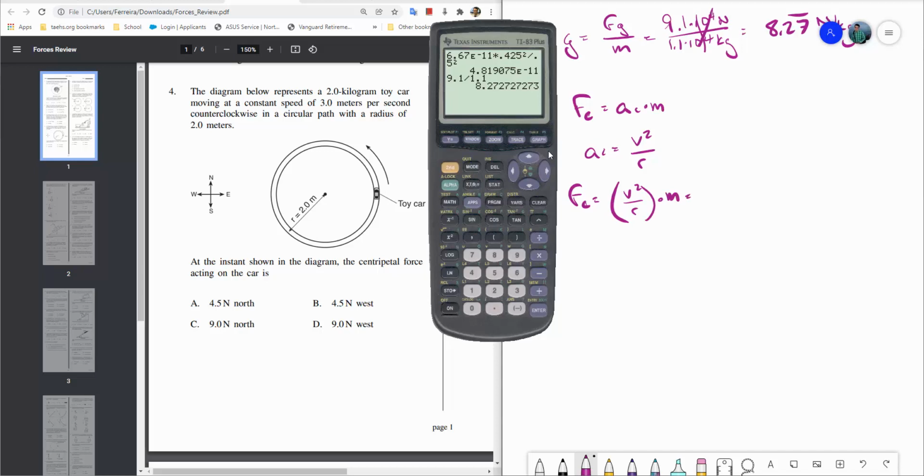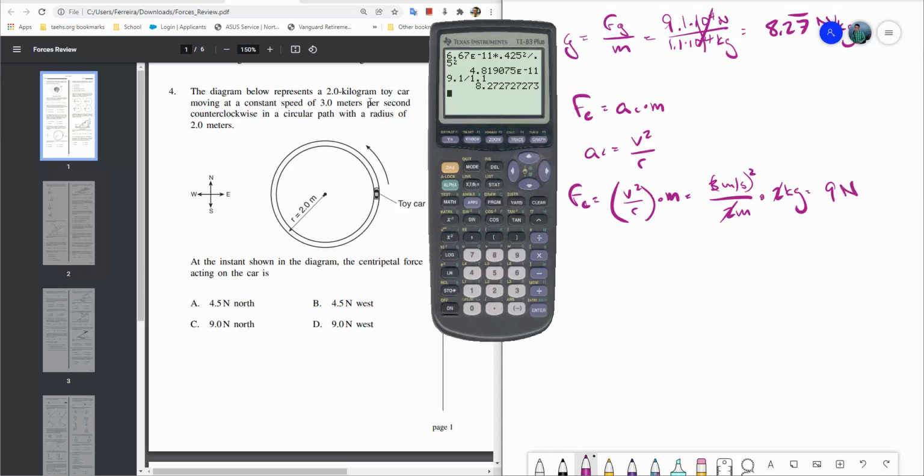You get the velocity of 3 meters per second squared, divided by the radius of 2 meters, times the mass, which is 2 kilograms. The 2's cancel out. 3 squared is 9 newtons.